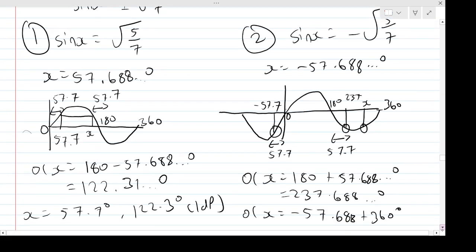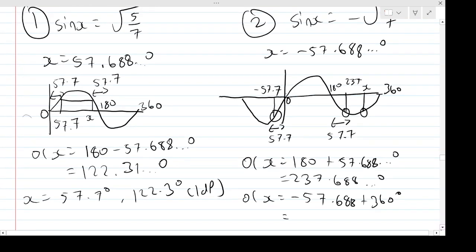Alright. So if we do that, we get 302.31131 blah blah blah degrees.